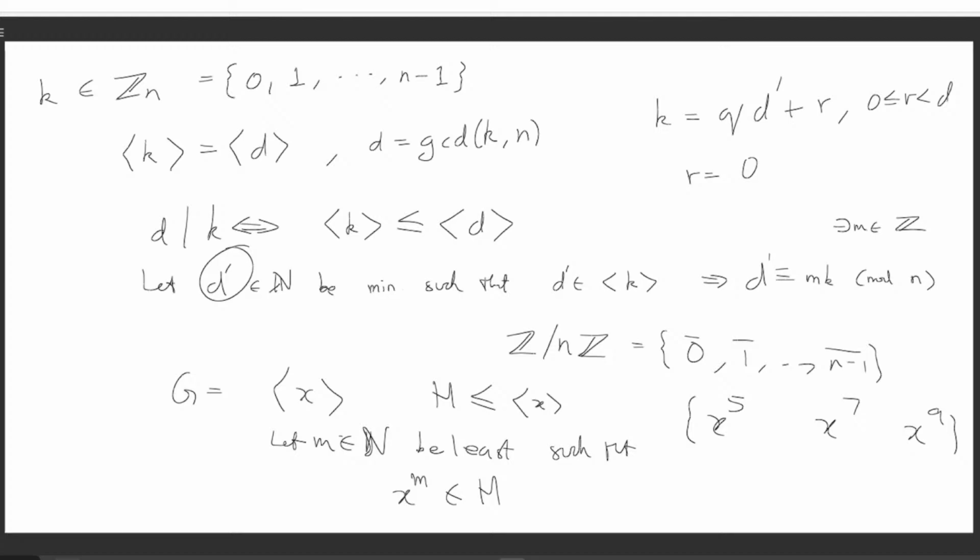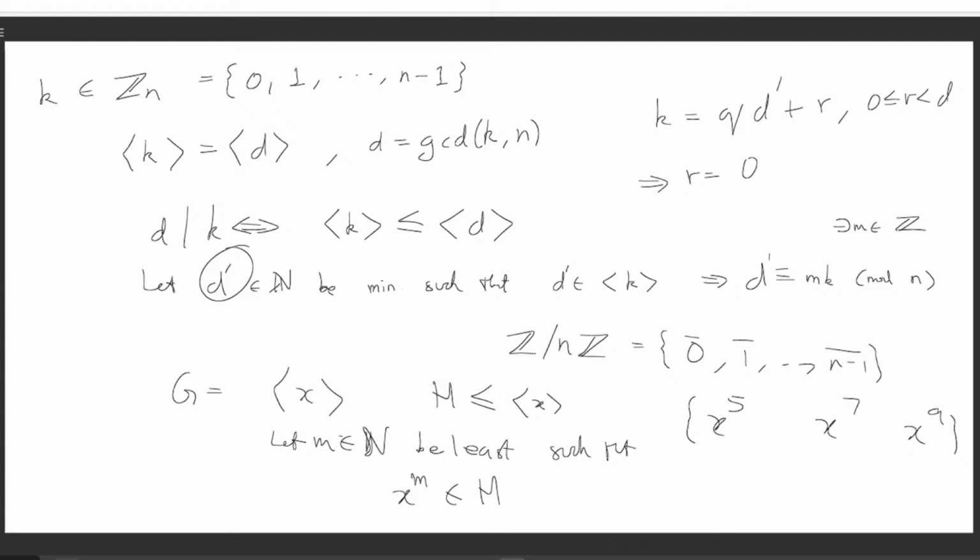Yeah, k is a multiple of d prime. Can you say it is the smallest multiple of other? D prime is the greatest one, right? Right. So r equal to 0 by minimality. Fine. I mean, this is here. I'm not writing this here.